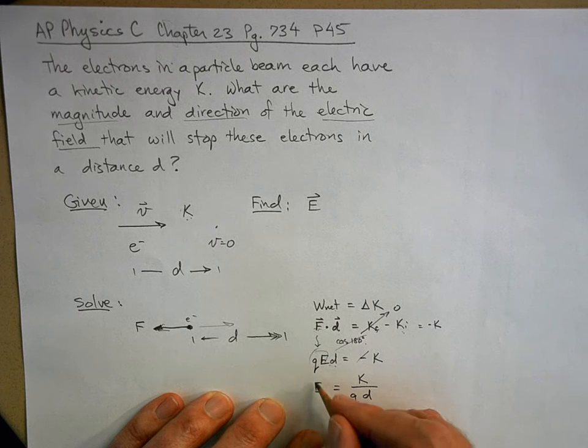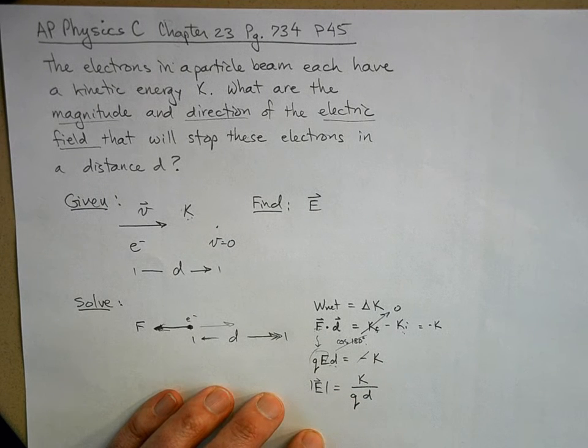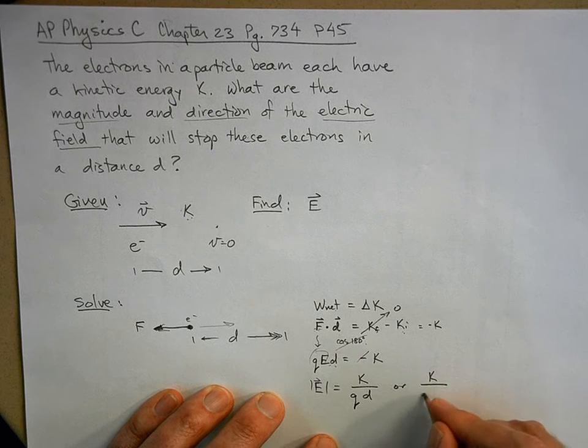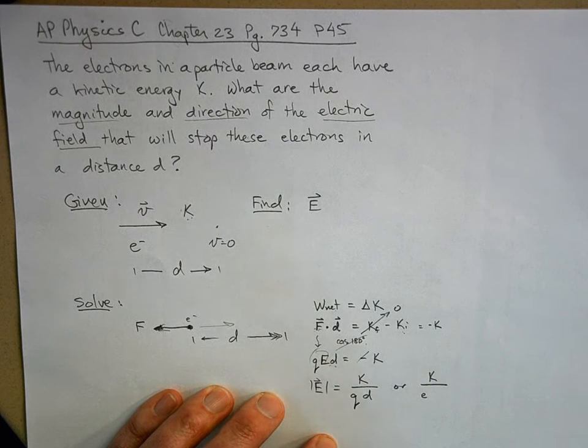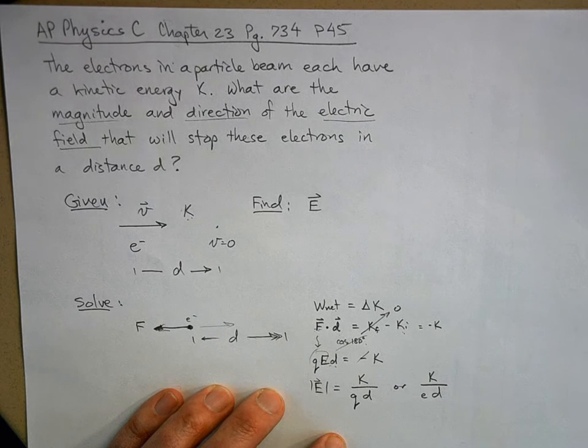That's the magnitude. The book used the letter e for the charge on an electron, the elementary charge, the smallest charge you can get in normal matter. So E equals K over e d.